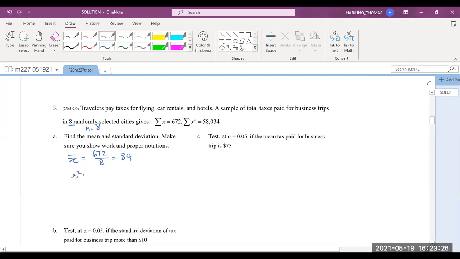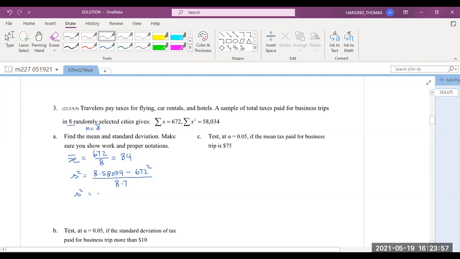Sample variance, that is 8 times 58,034 minus 672 squared, over 8 times 7. So 8 times 58034 minus 672 squared, all divided by 56.